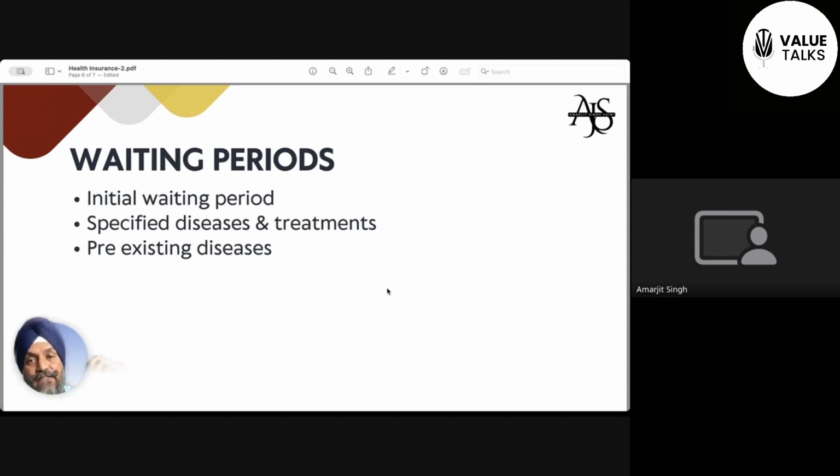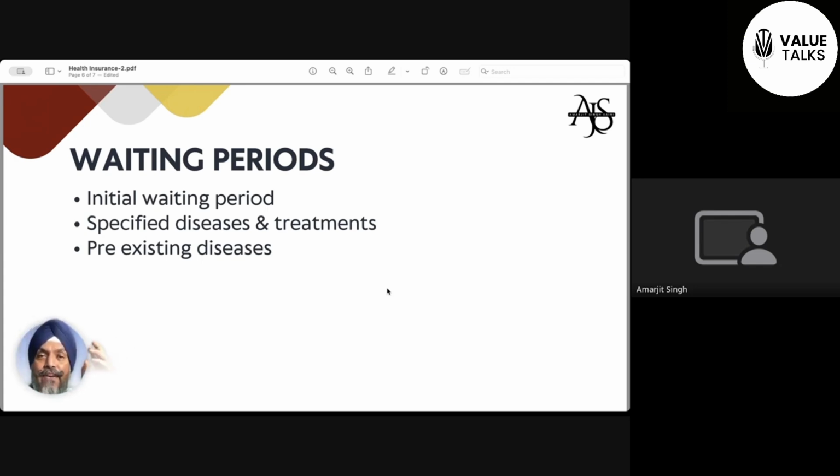Then there are specified diseases or treatments. Usually, the company will put a list of specified diseases in the policy. Those diseases are generally slow developing diseases like cataract, hernia, sinusitis, tumor which is non-cancerous, and cyst, and varicose veins, piles, etc. These are slow developing conditions, and those are mentioned in the policy.